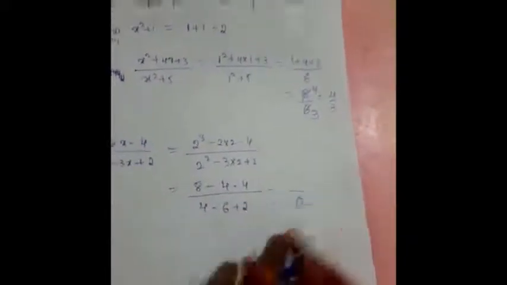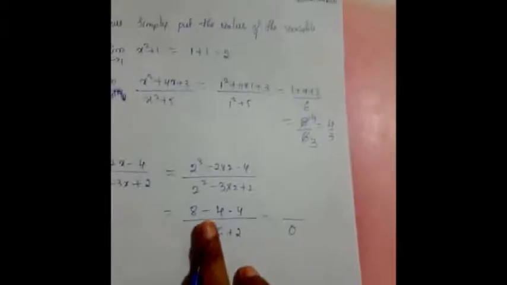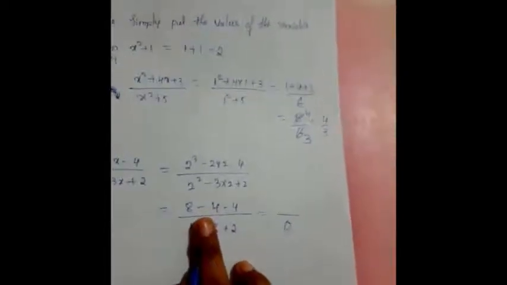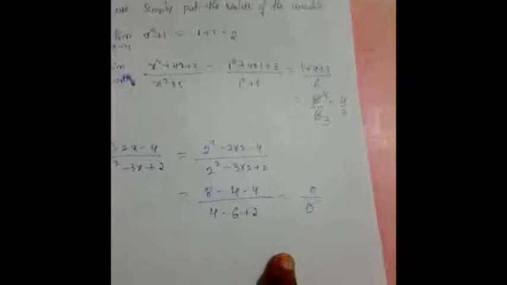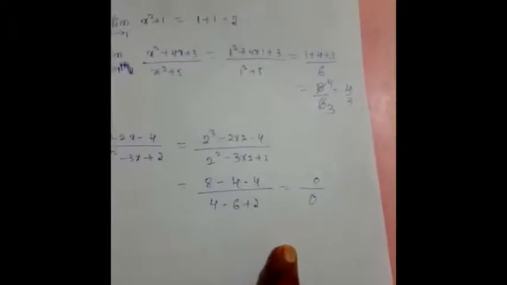In the denominator you have 0. In the numerator, 8 minus 4 minus 4 is 0. Again you got 0 by 0.